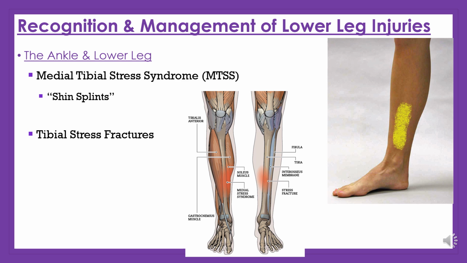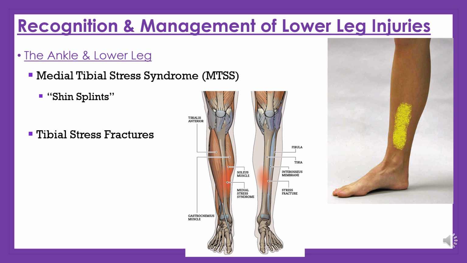Especially if we start hearing our athletes talk about how that pain isn't going away and it's waking them up in the middle of the night. It hurts when they go to sleep. It wakes them up. That's a sign of a stress fracture. So they've actually gone beyond medial tibial stress syndrome and have developed a tibial stress fracture.